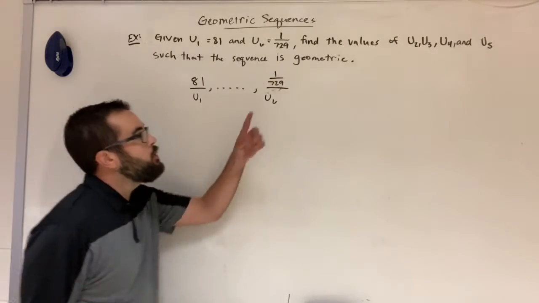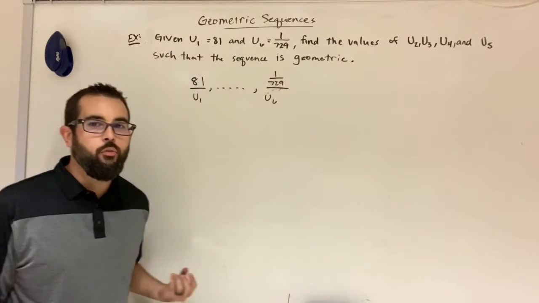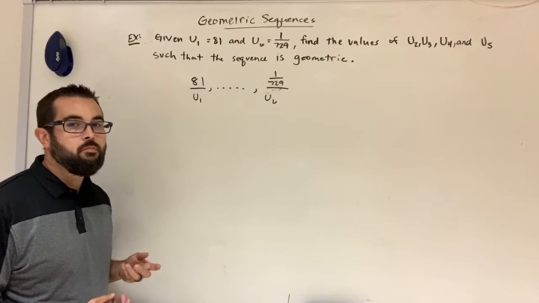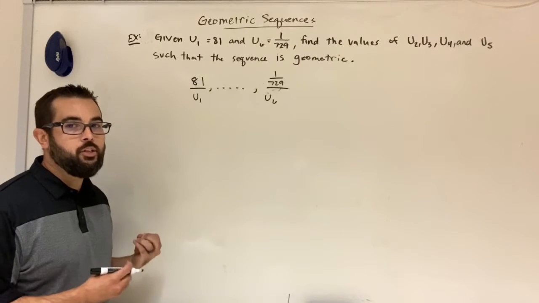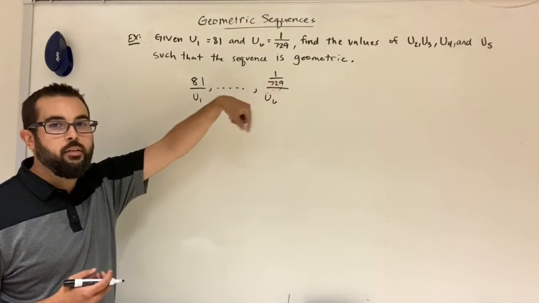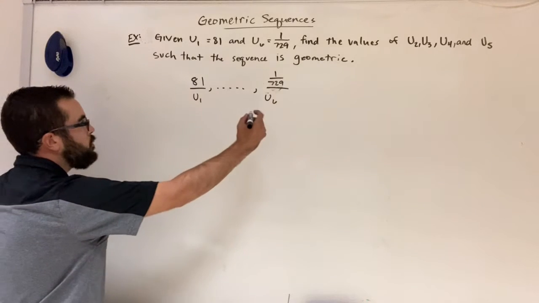So in order to find u2, u3, u4, u5, we need to know the general formula, or we at least need to know the common ratio. Once we find the common ratio, we can build the general formula and then use that to find u2, u3, u4, and u5. So let's try and do that.